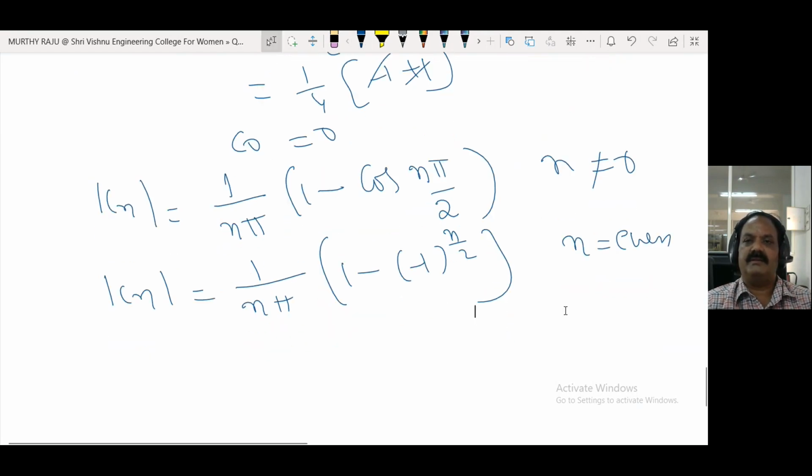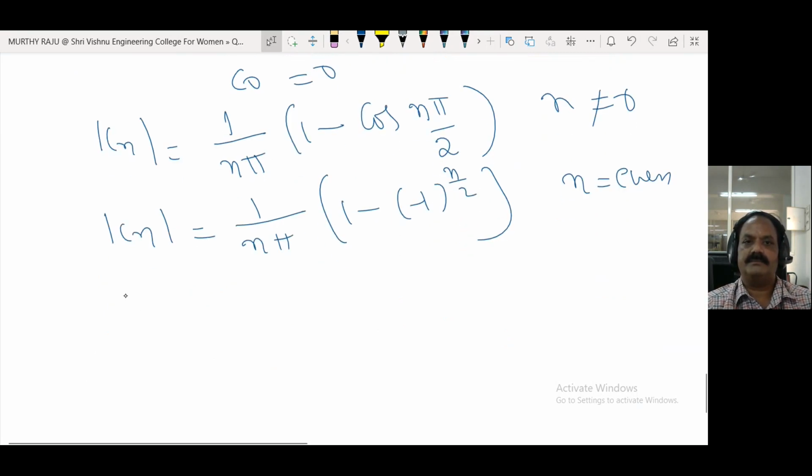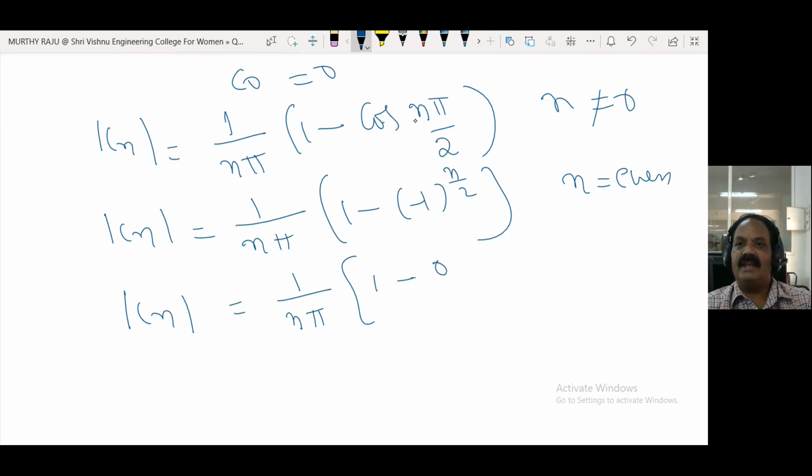For n odd, mod Cn is 1 by n pi, 1 minus cos n pi by 2, which means 0. Suppose n is equal to 1, cos pi by 2 is 0. N is equal to 3, cos 3 pi by 2 is 0. That is the reason that for n odd, cos n pi by 2 value is 0.